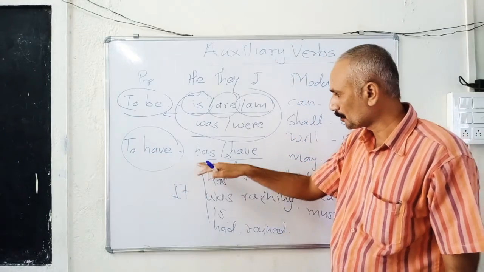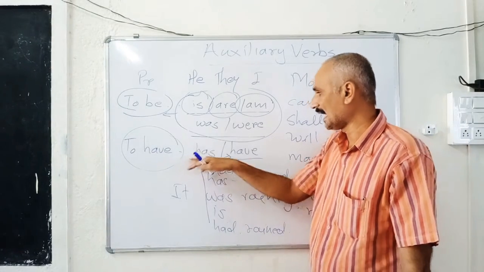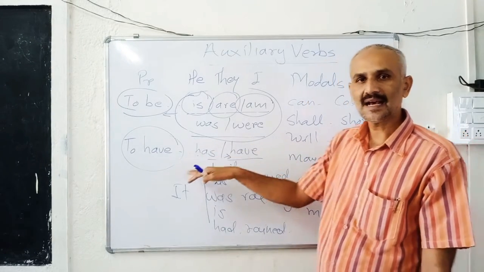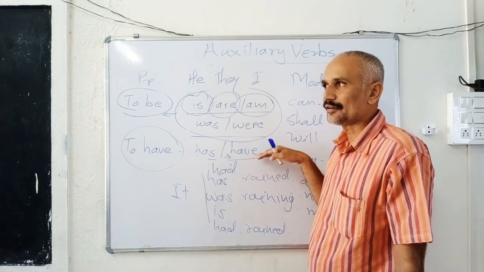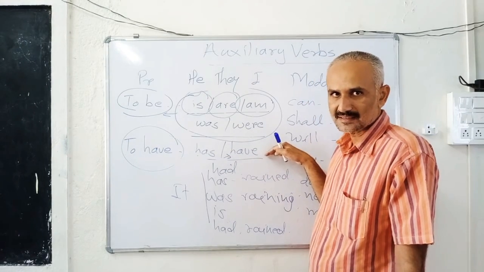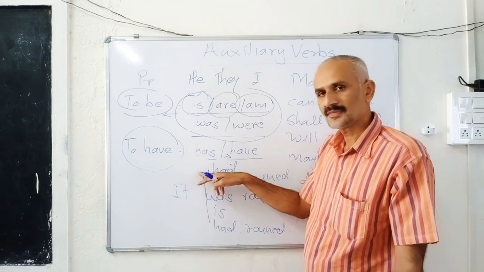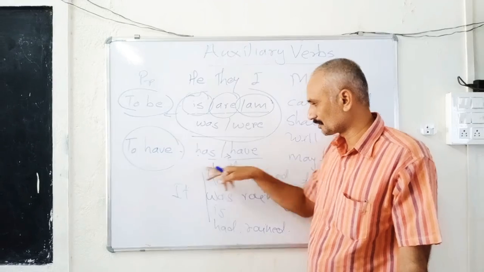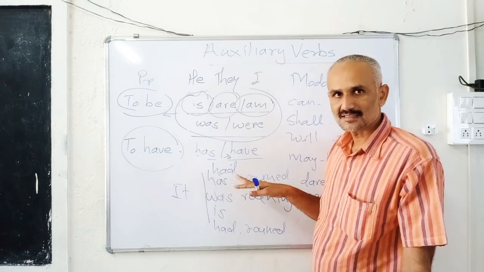In the present perfect tense, he has written a letter, I have written a letter. In the past perfect tense, you can say he had written a letter.